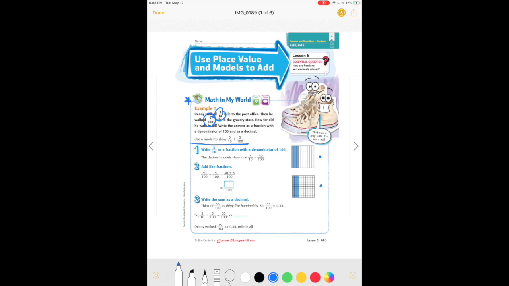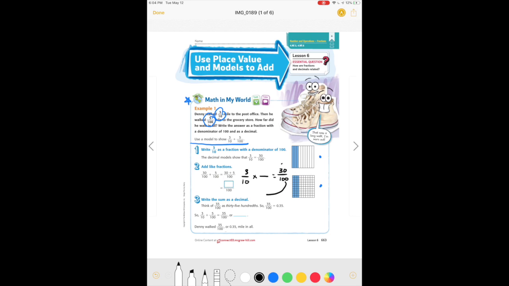Step 1, write 3/10 as a fraction with a denominator of 100. All right, there are a couple ways that we can do this. The first way is we need to make them like fractions. So we need to think about 3/10 times some number equals 30/100. So we need to get from here to here.